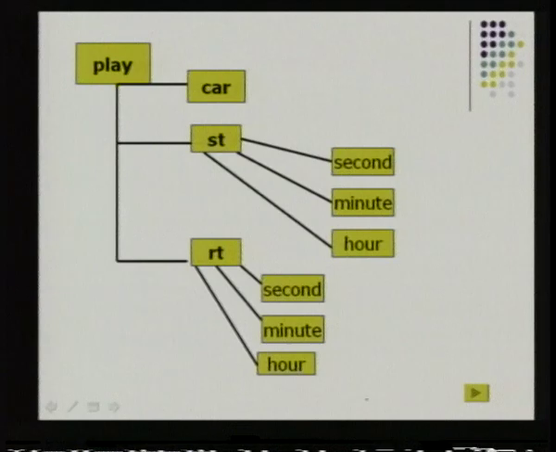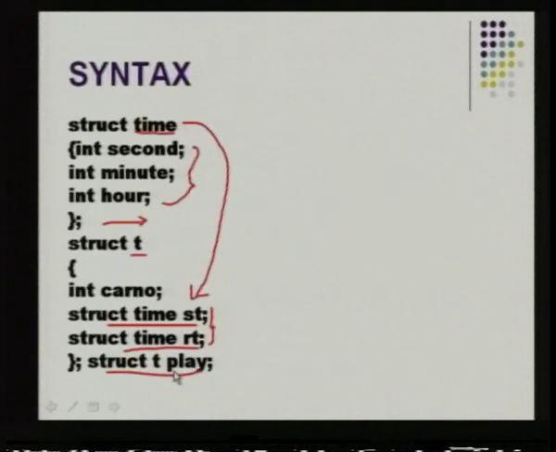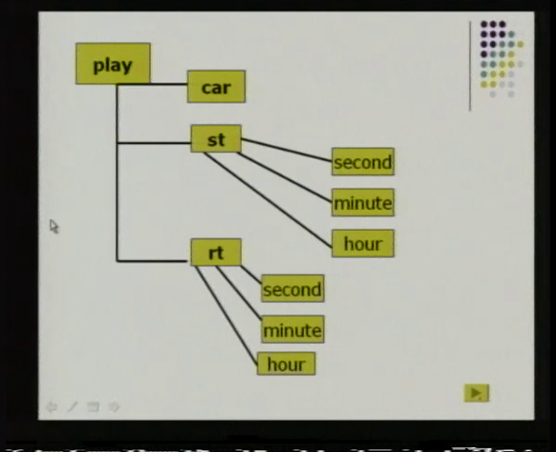The st has direct access to second, minute and hour. RT has direct access to second, minute and hour. That is what is diagrammatically represented over here. You have play, car number, ST and RT. ST has access to second, minute and hour, and RT has access to second, minute and hour.